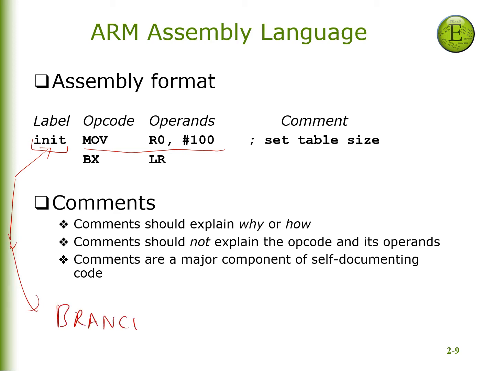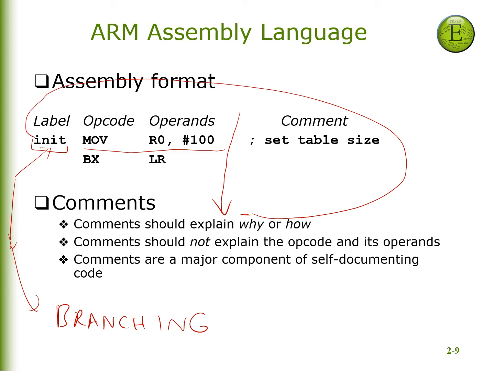When an assembly program needs to move back and forth, so if for instance at some point we realize that we need to go back to the same instruction, then that instruction is identified by the label.